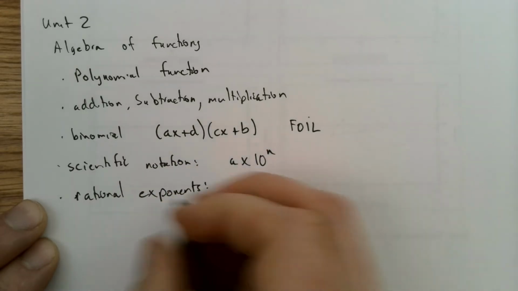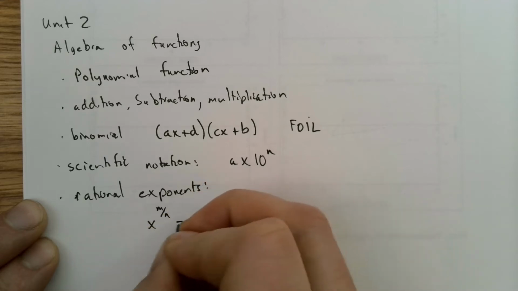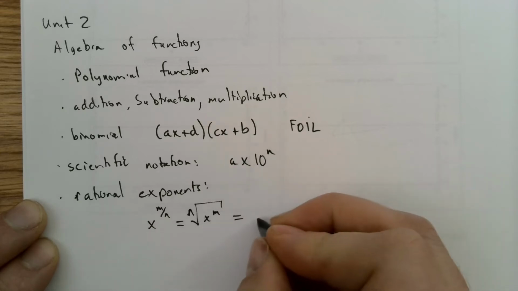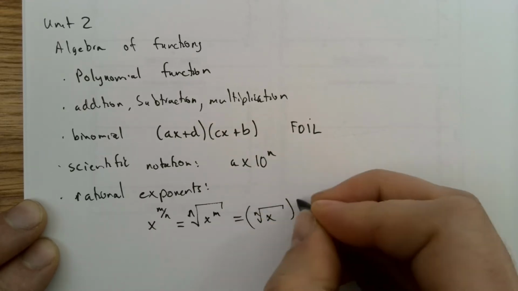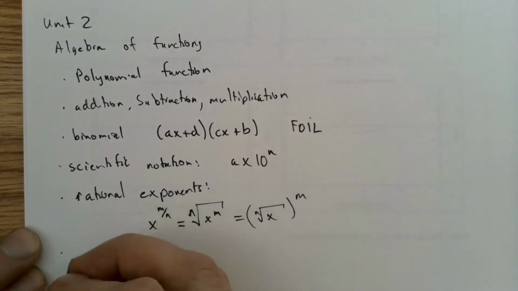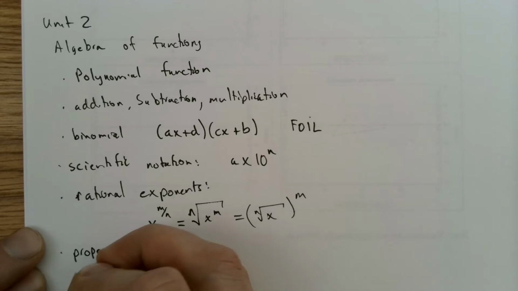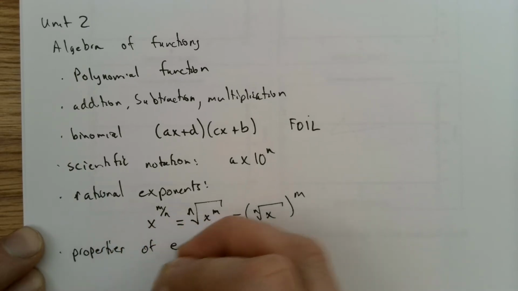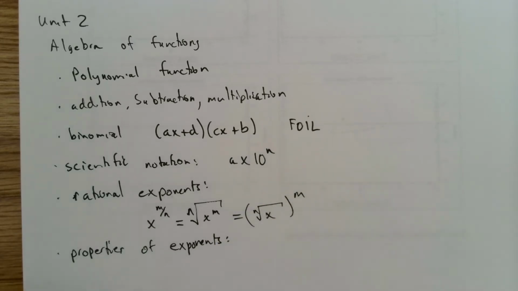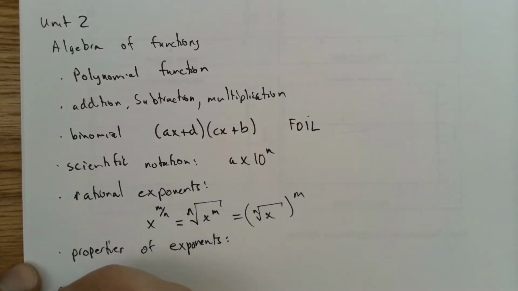So that connection of, say, x to the m over n equaling the nth root of x to the m, or the nth root of x raised to the m power, those being exactly the same thing. And we also tossed in here properties of exponents. And there were like 8 of them. I'll let you look those up. There was bunches of them, like when do you add the exponents, when do you divide them, and so on and so forth. We also tossed in here composition of functions.